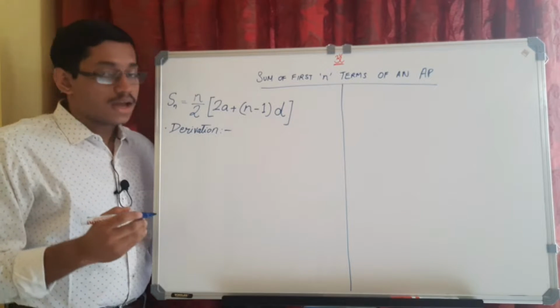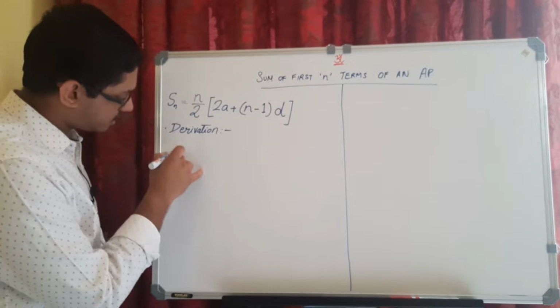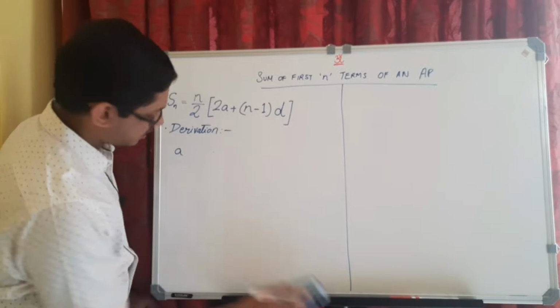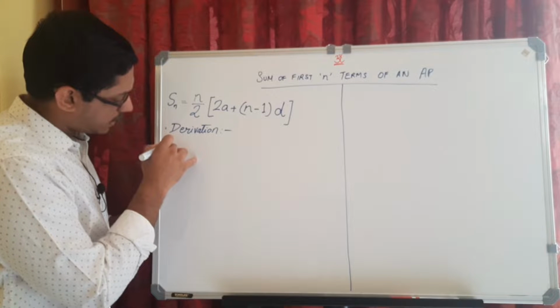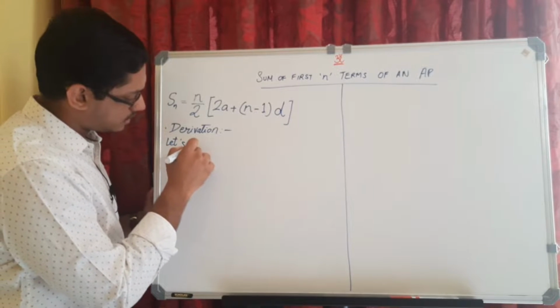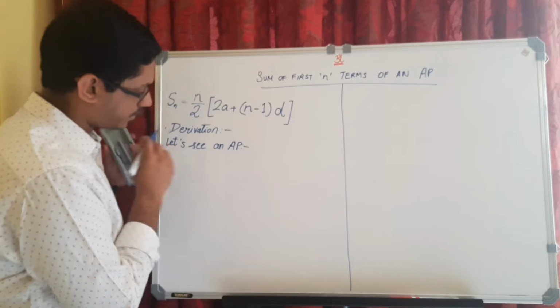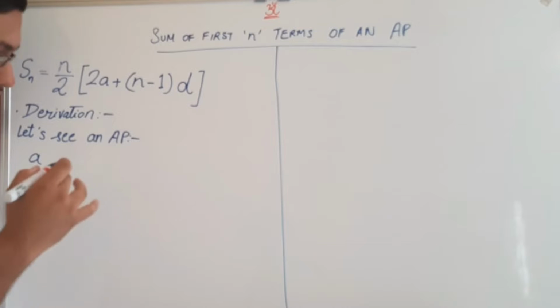Now see, in an AP, generally how do we write an AP? The first term is a, the second term is a plus d. Let's see an AP. This is a, the first term.